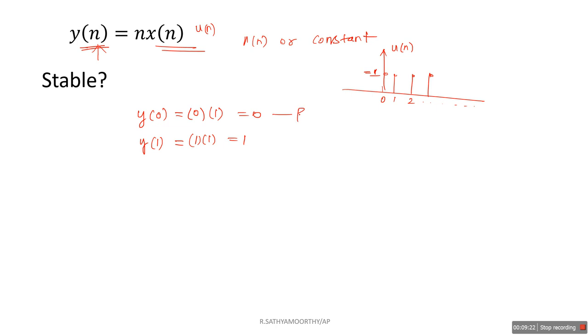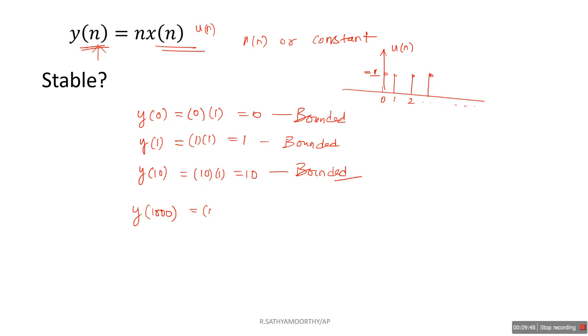This is bounded, since I am substituting a bounded input and the output is bounded. Let's check y of 10. 10 multiplied by 1, I get 10. This is also bounded. I am checking time index 1000. I get 1000. This is also bounded.